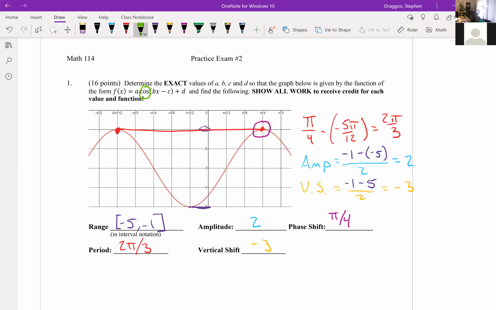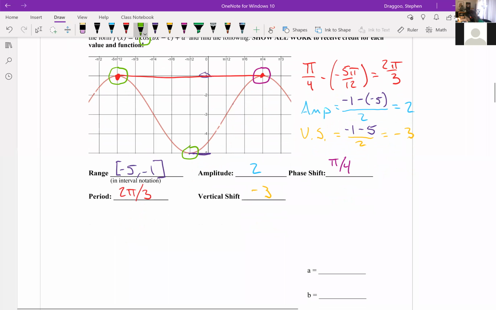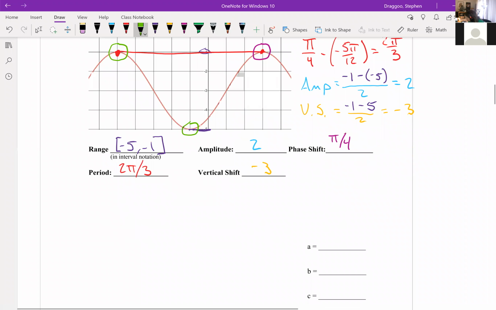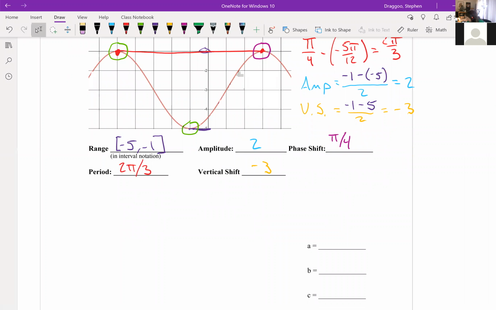But other options for the phase shift would have been -5 pi over 12 or -pi over 12. Now that we have all of that information together, we can get A, B, C, and D.